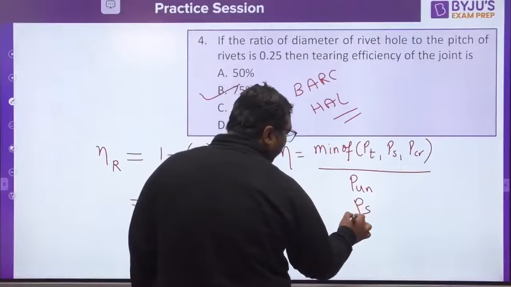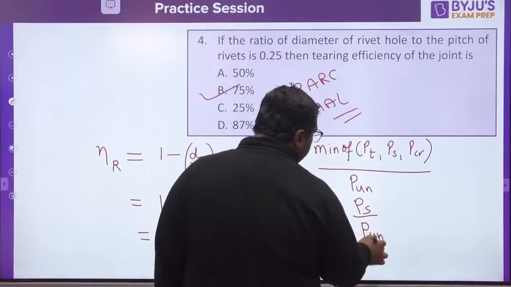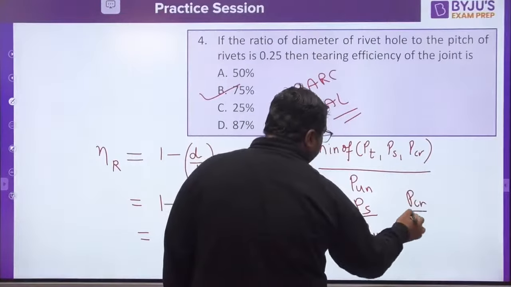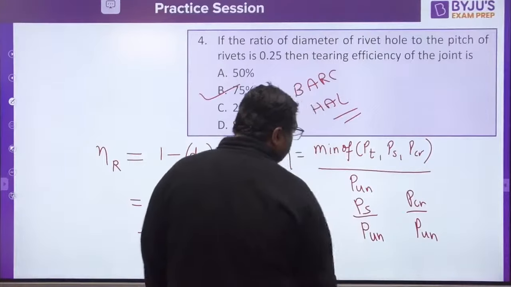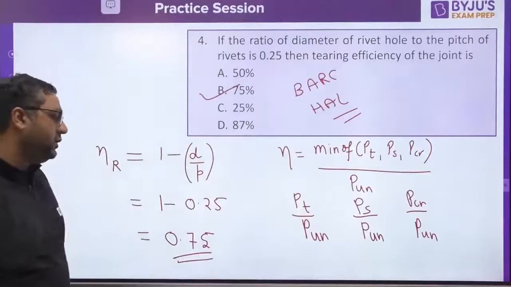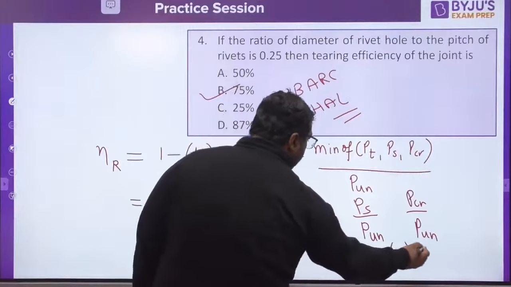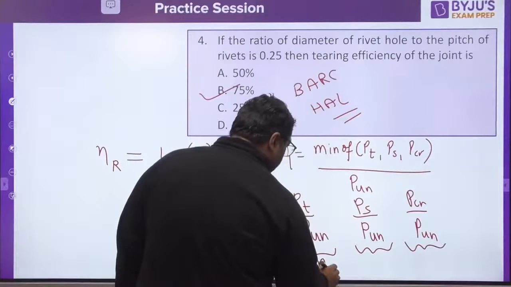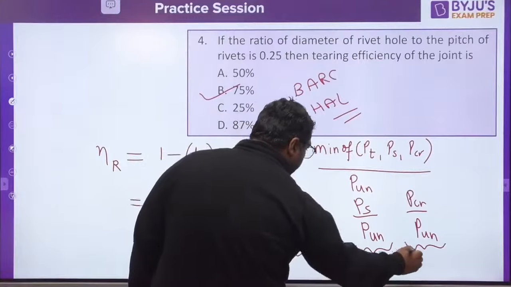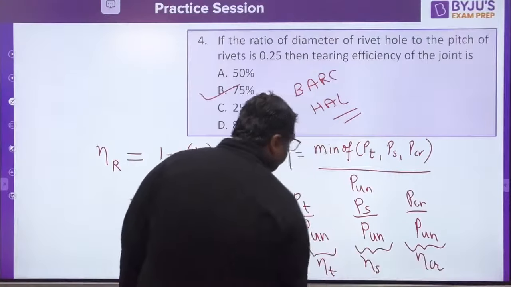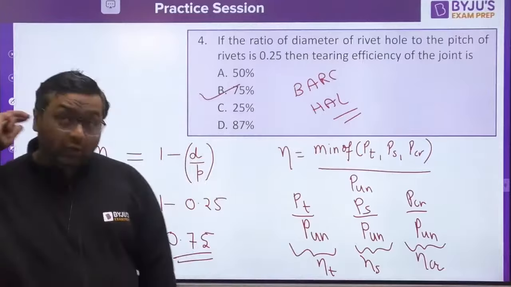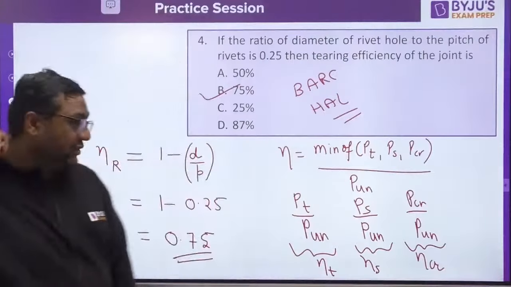When you do PS by P unriveted, it is shearing efficiency. And PCR by P unriveted is nothing but crushing efficiency. So these are the three efficiencies: tearing, shearing and crushing. Okay guys. Moving to the next question.